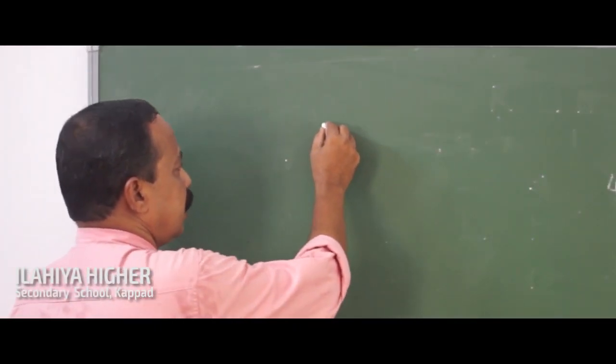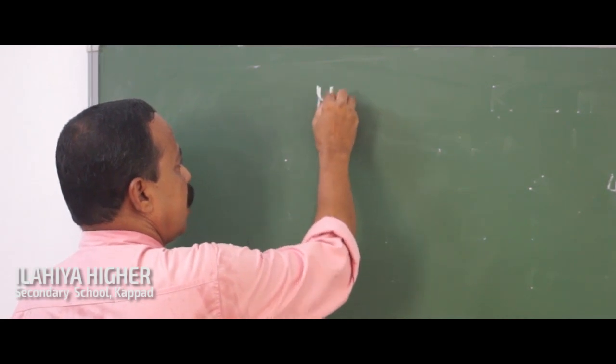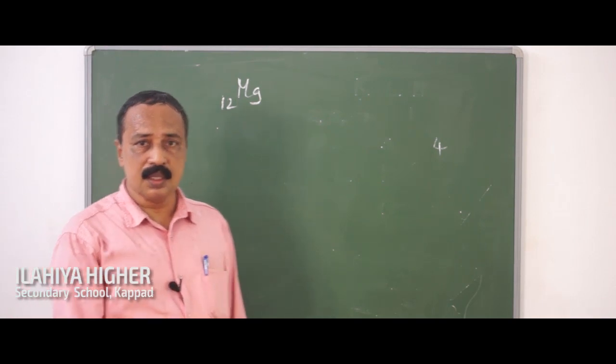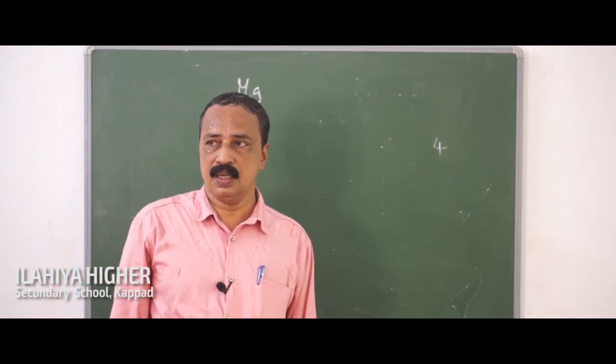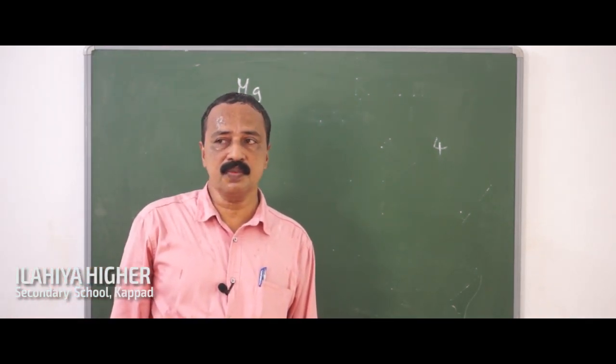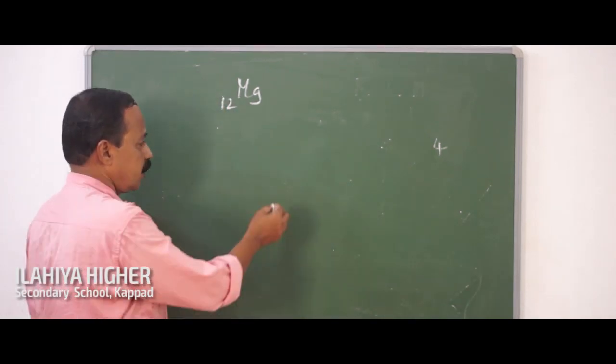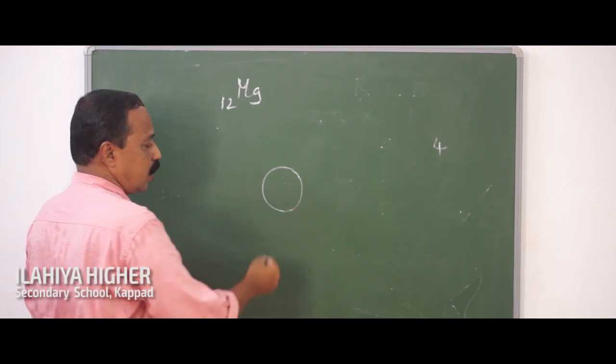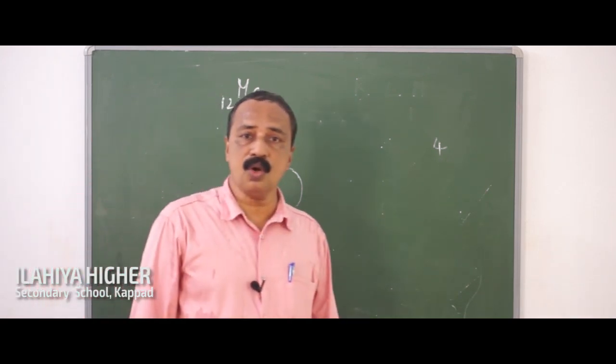Magnesium, atomic number 12. I am going to draw the Bohr atom model of magnesium. Here is the nucleus. The nucleus contains neutrons and protons.